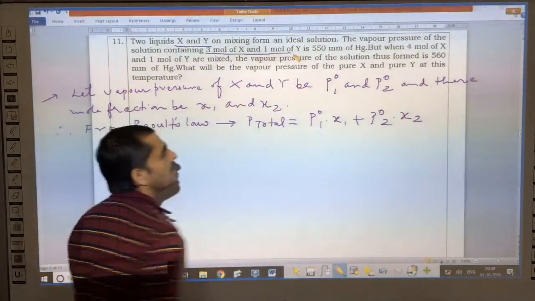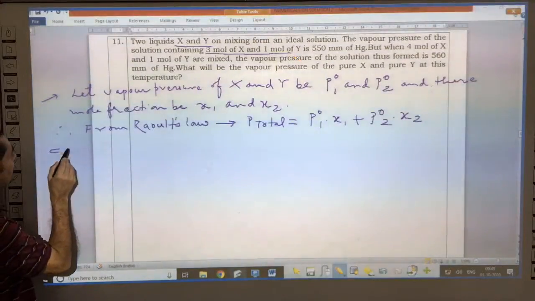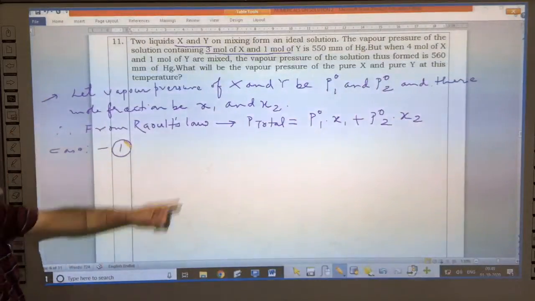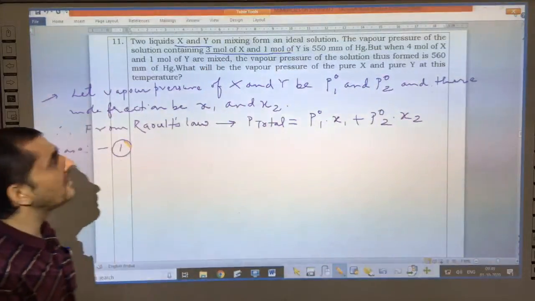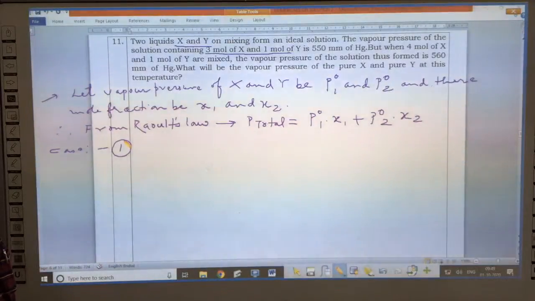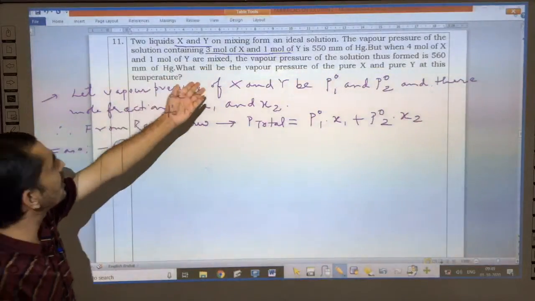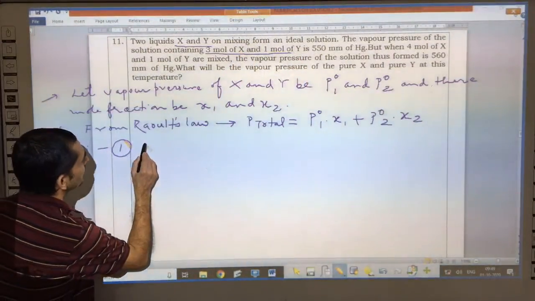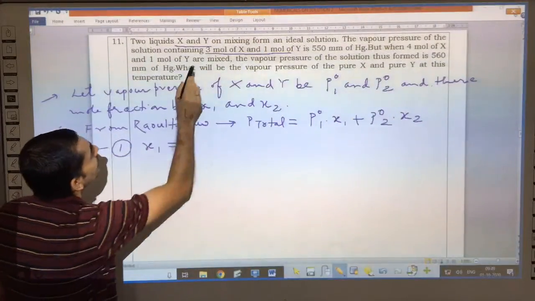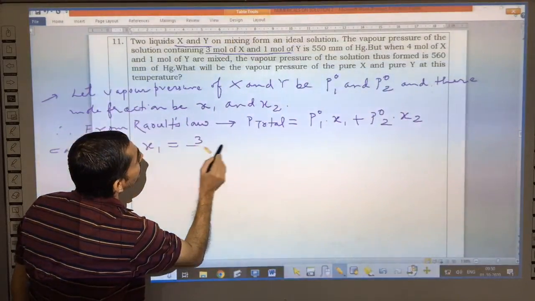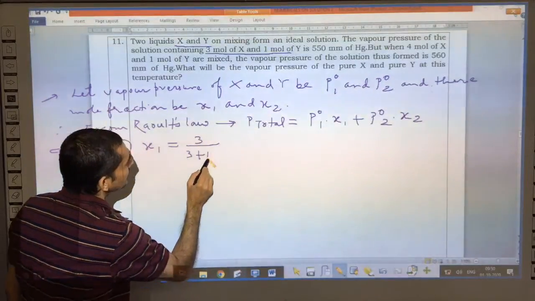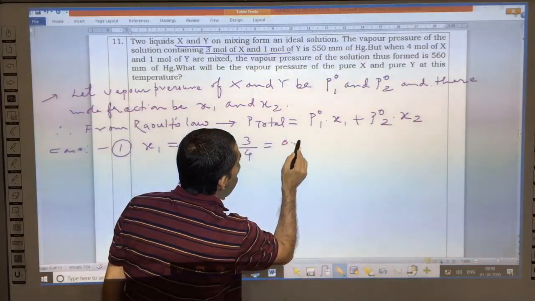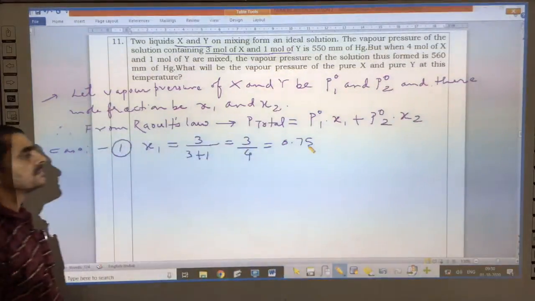3 mole and 1 mole. Clear? Case first. In case first, 3 mole of X and 1 mole of Y were mixed. Then you have to calculate the mole fraction of X and the mole fraction of Y. So X1 is equal to 3 upon 3 plus 1, which is 3 upon 4, 0.75.